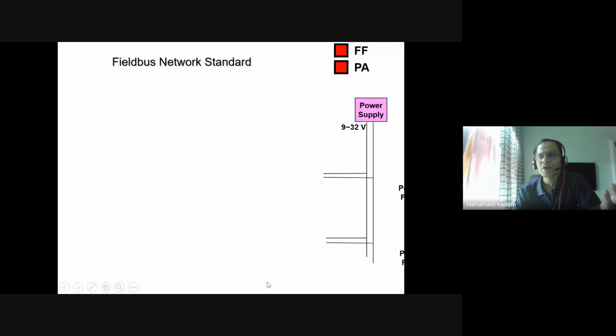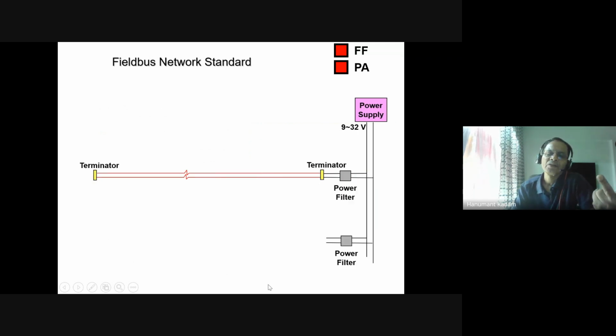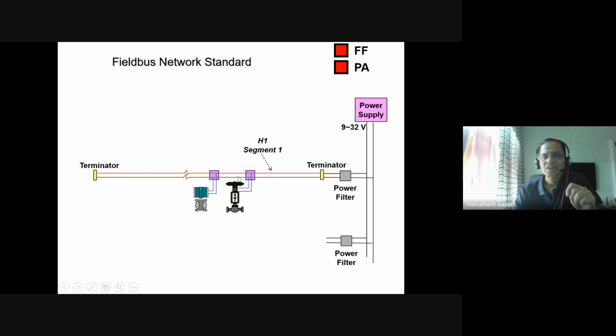So when we say Fieldbus network, what is the difference? In a Fieldbus network, how we connect is a digital signal. So this is a power supply, power filter, terminators, H1 segment. You have these network devices, control valves, transmitters. Control means positioner, I'm talking.